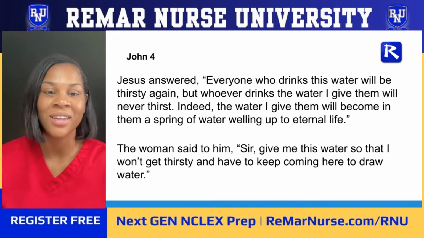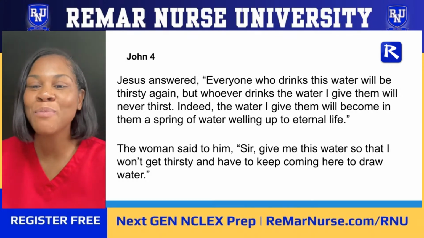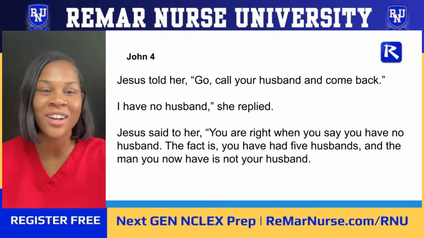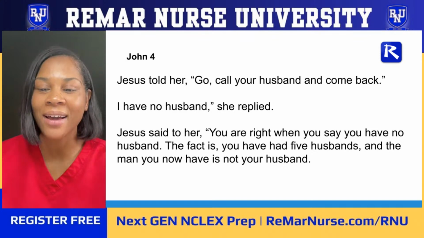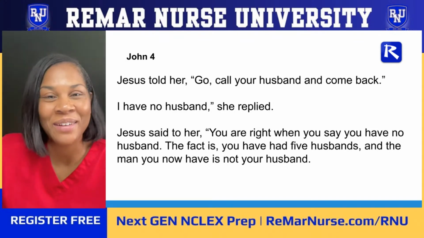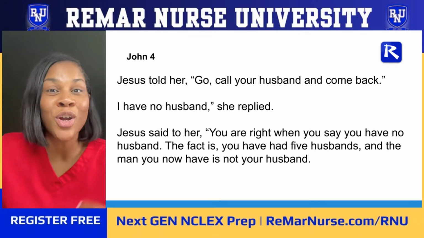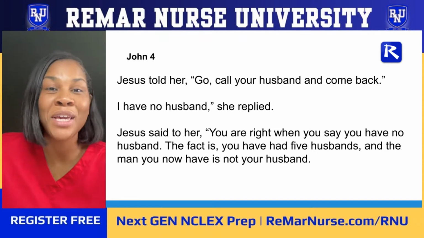And I love this, because you don't see it right away, but this is the reason why she has to keep coming here, right? He says to her this, go call your husband and come back. Now, why would Jesus say that? She says, sir, give me the water so I don't have to keep coming here.